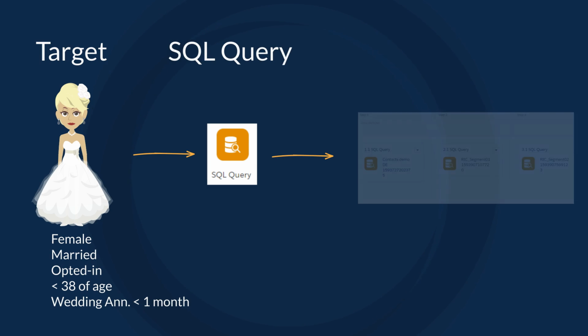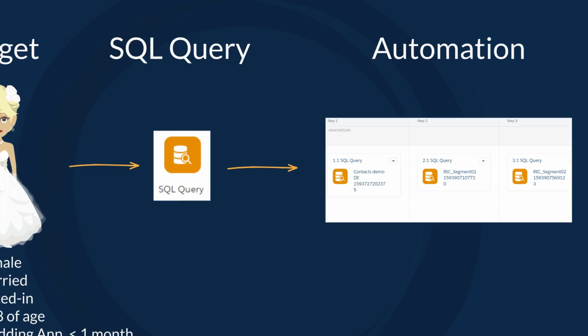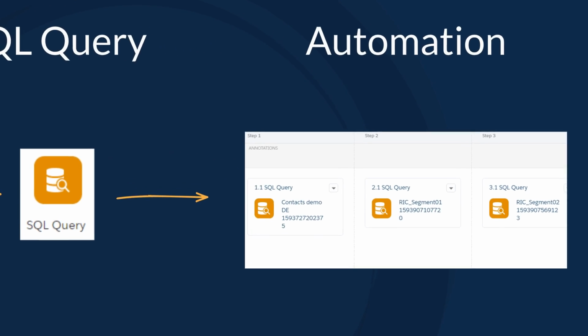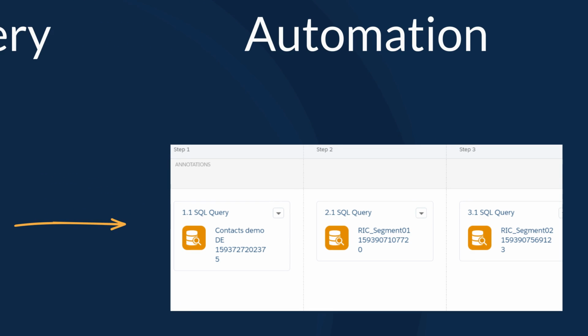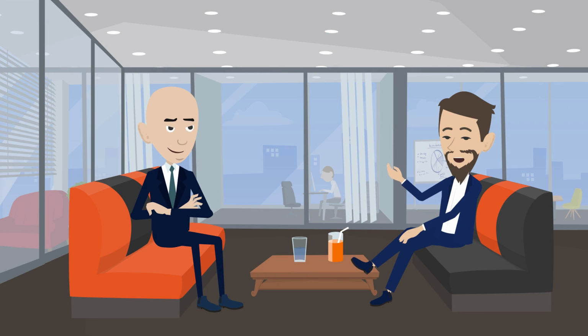Now, the advantage of that is that you can also leverage Automation Studio, because once you have created your one or multiple selections, you can head over to Automation Studio, create a new automation, and just add those queries that you've created through DESelect. And this you can automate, and this you can also schedule. So that's all standard Marketing Cloud features that are just essentially building on top of what you did with DESelect.